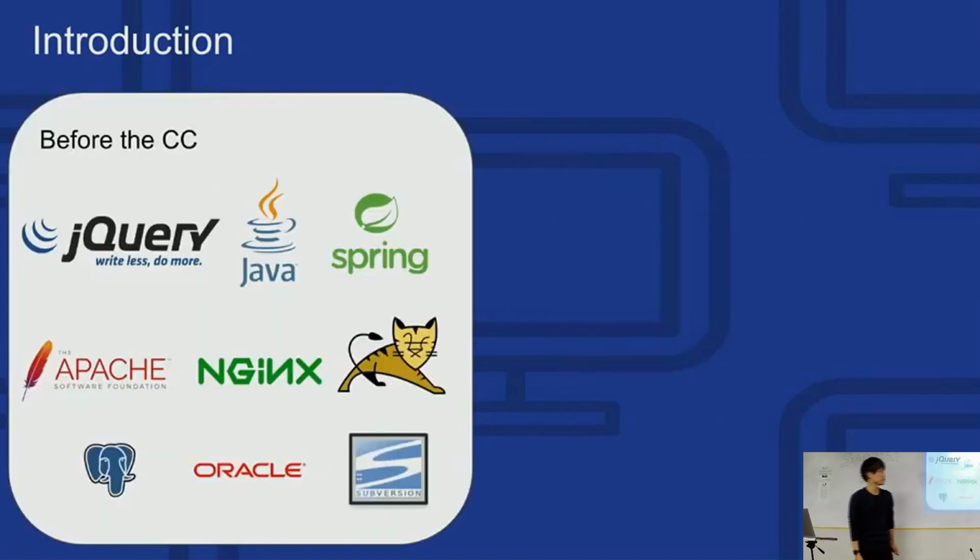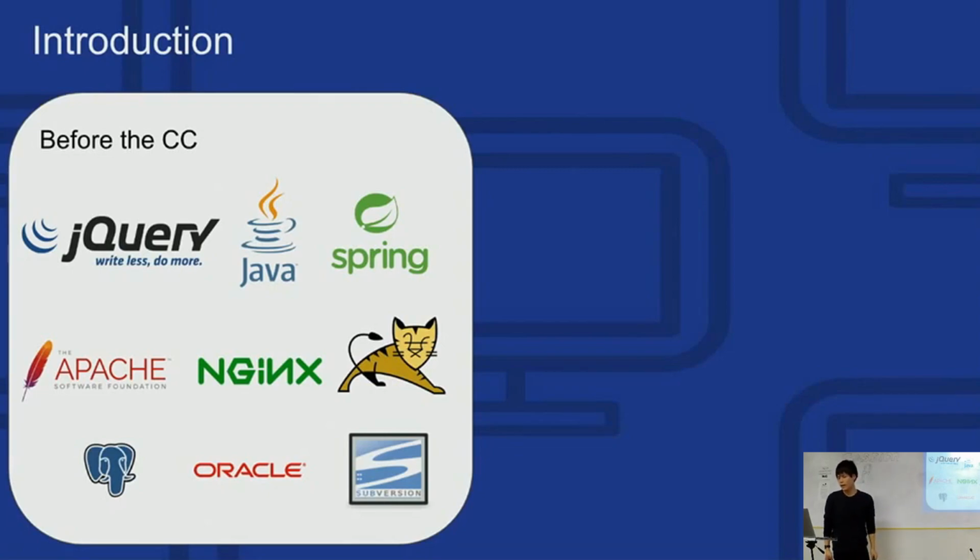Also, let me introduce my technical skills. Before I joined Code Chrysalis, I used technologies such as jQuery, Java, Spring and so on. Of course, this kind of technology is used in a lot of systems, but it's not the latest technology.